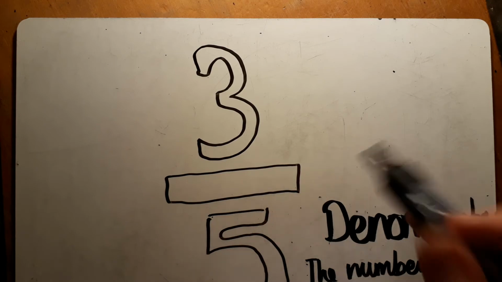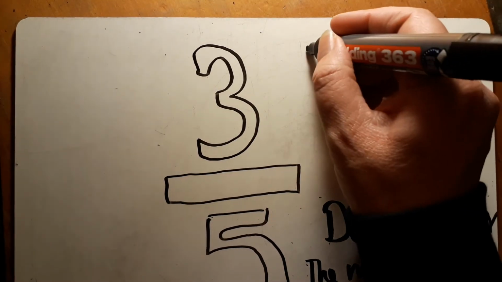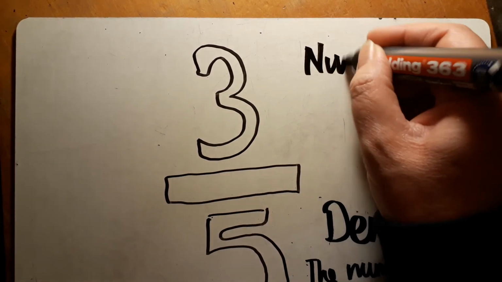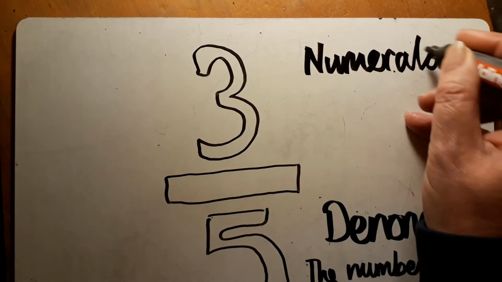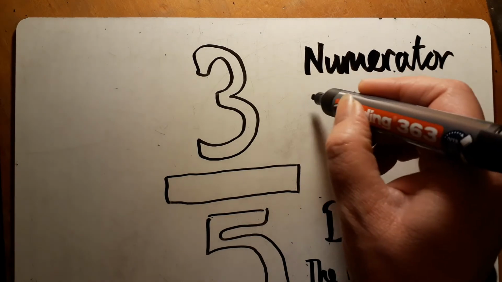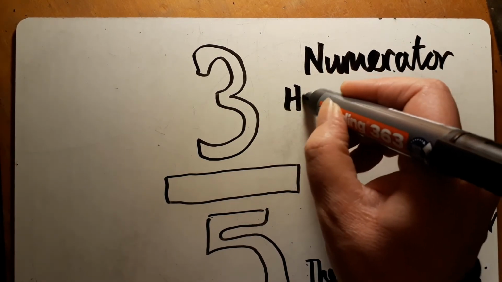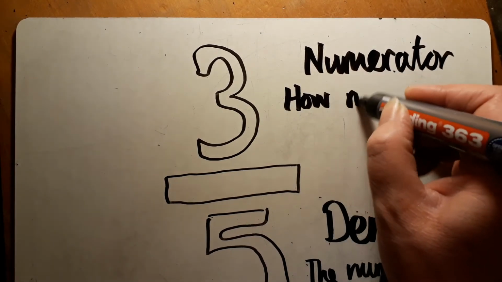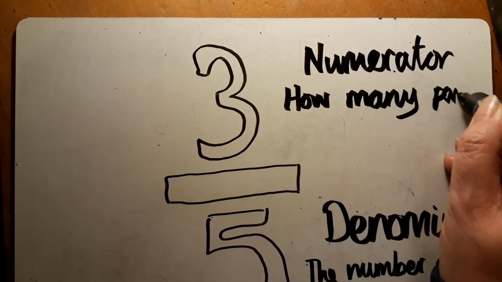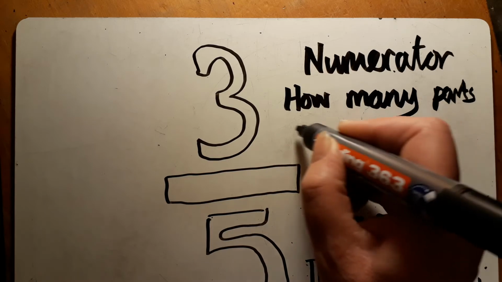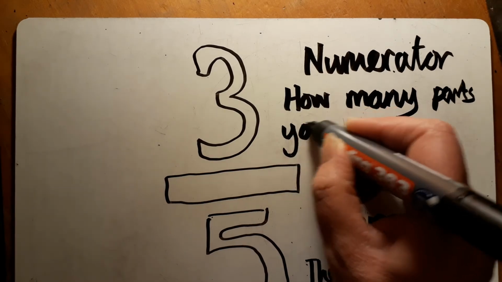And above the denominator, this is the numerator, and this tells you how many parts you have.